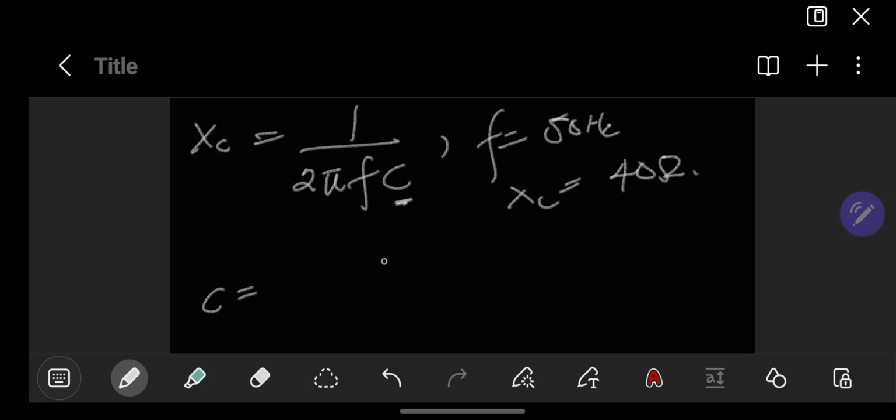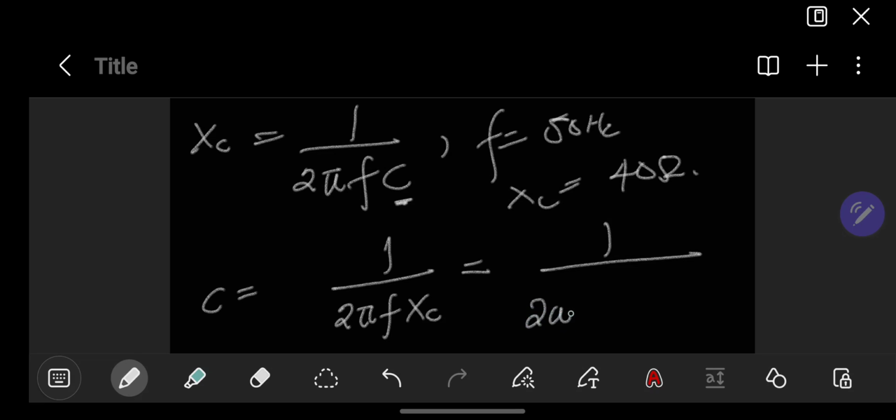All right, so we make C the subject of our formula. So C basically will be 1 all over 2 pi F XC, which is 1 all over 2 pi times 50 hertz times 40 ohms. Okay, so we'll be needing more space.